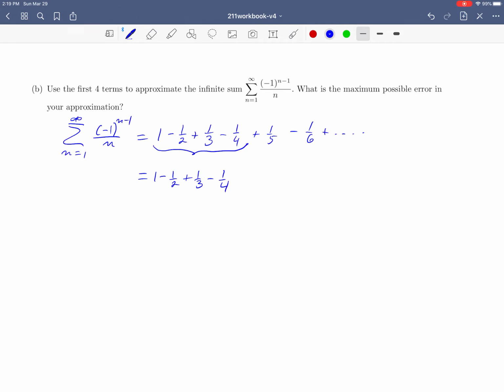We only want to look at the first 4 terms for our approximation. So this is 1 minus 1/2 plus 1/3 minus 1/4. And if you plug that into your calculator, you get a value of approximately 0.583. So this is our approximation.